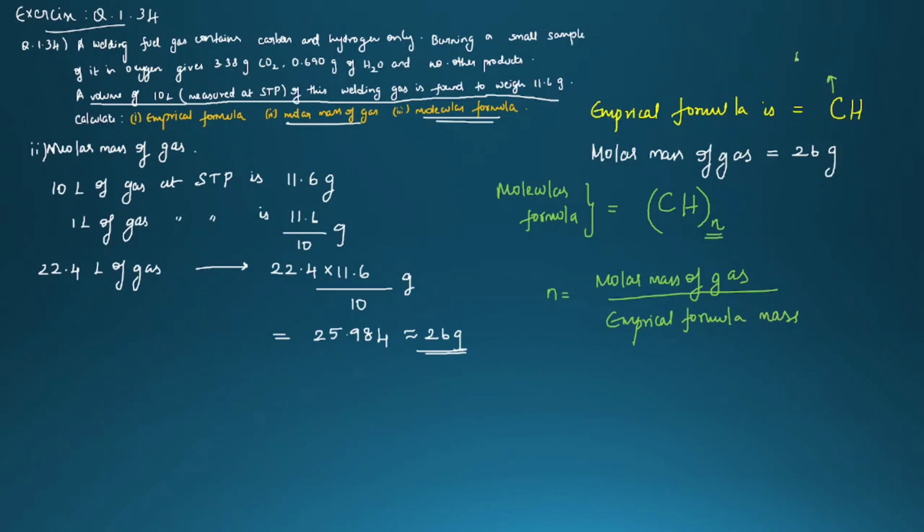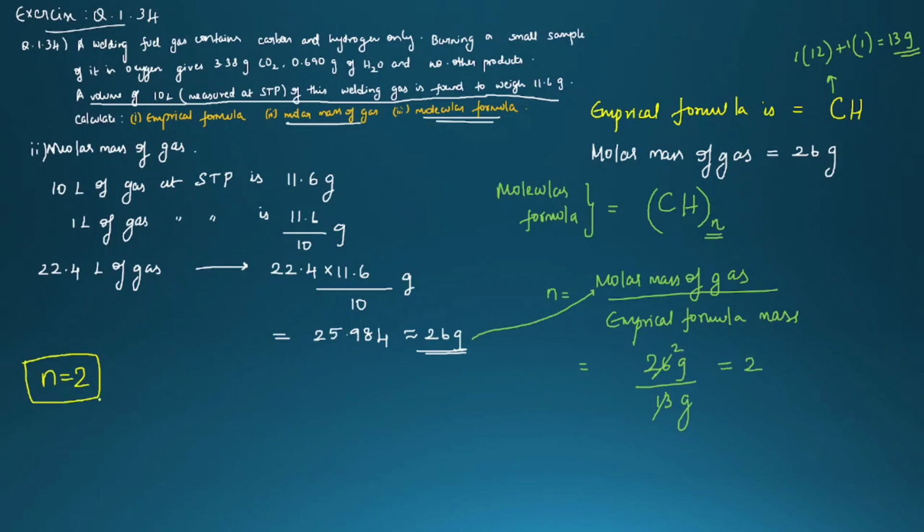So the empirical formula mass is for CH: 1 into 12 plus 1 into 1, which is 13 grams, and the molar mass of gas is found out as 26. So 26 grams by 13 grams will be equal to 2. So n will be 2. So the molecular formula is CH the whole subscript 2, which is CH the whole twice. It can also be written as C2H2, taking the 2 inside.